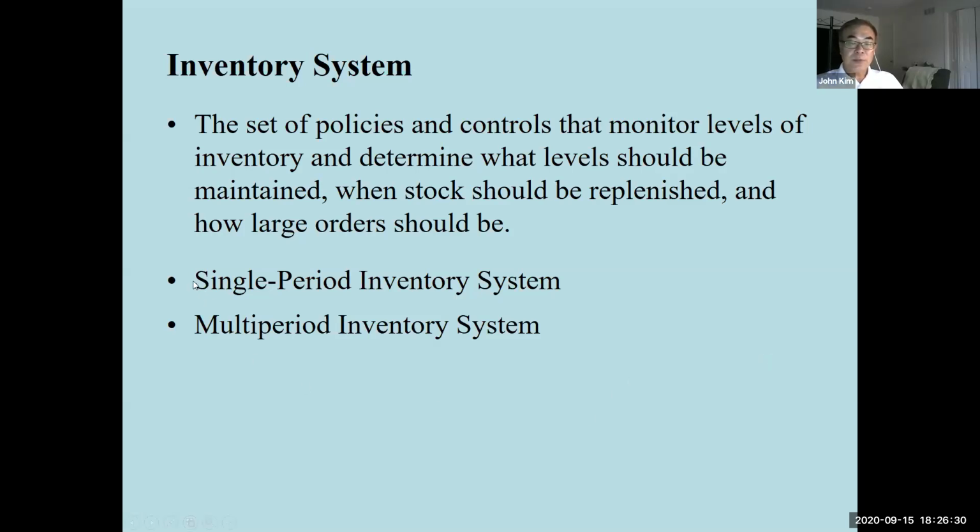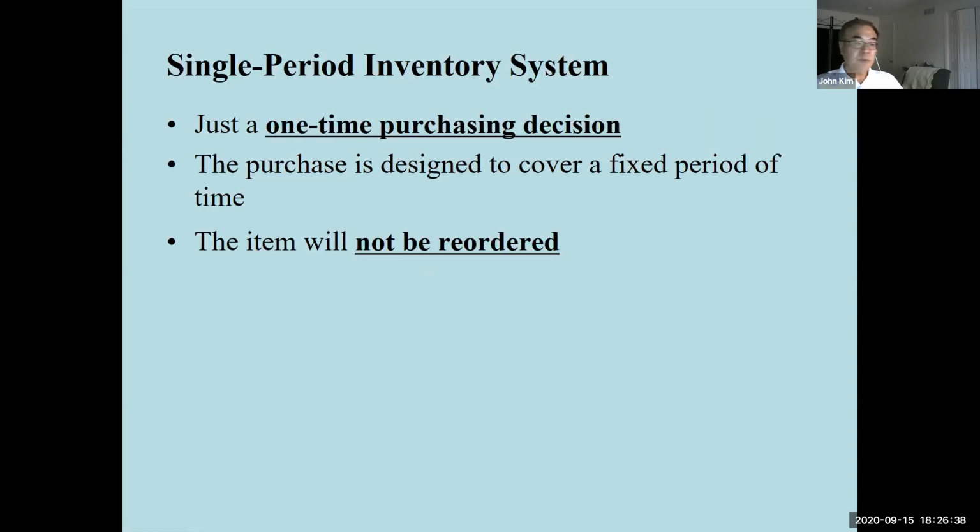There are two types of inventory system: single period inventory system and multi-period inventory system. Single period inventory system is just a one-time purchasing decision: decide the order size, order that many, and then forget it.